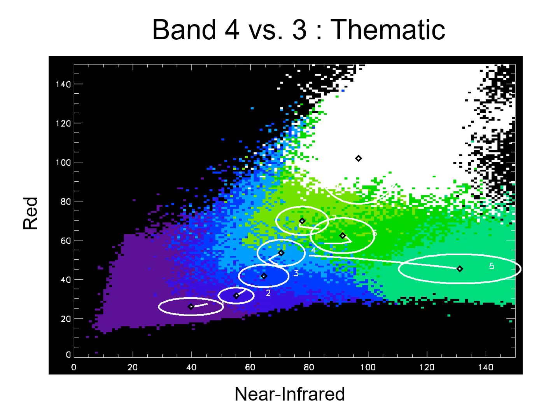Then this is band 4 versus 3 thematic. So this shows you which class winds up in which, or which cluster each pixel is associated with. In particular, what's interesting is if you look at that first cluster down there at the lower left, the mean position of that cluster has very little to do with, and if you go back one slide, if you can do that, you can see that down right near the origin, there's a whole bunch of points that are water points.